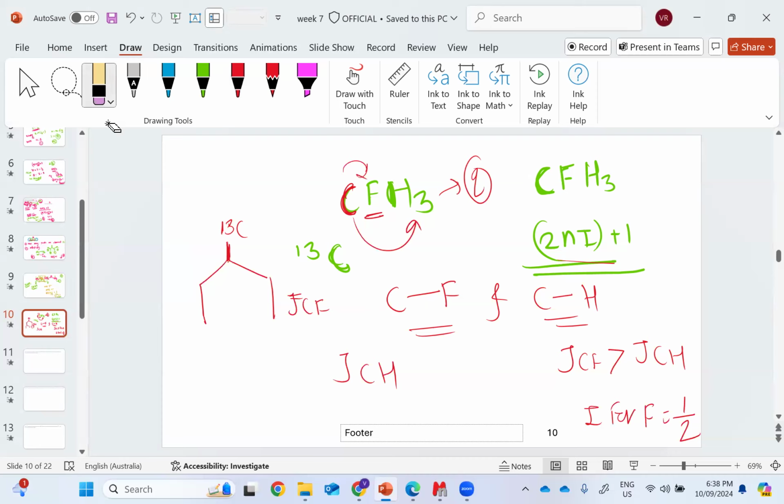I'll just draw it somewhat symmetrical. And what is the intensity ratio? Can anyone tell me? What is the intensity ratio of this quartet? This distance, all the distances, should be constant, right?